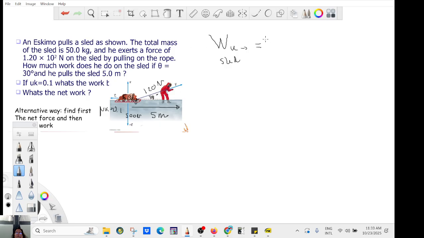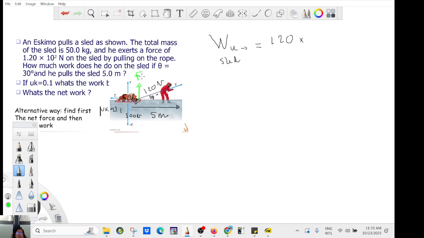It would be the force. Okay, so this one is easy. So 120 times, which component do I need? X component, very good, because here it has a Y component.